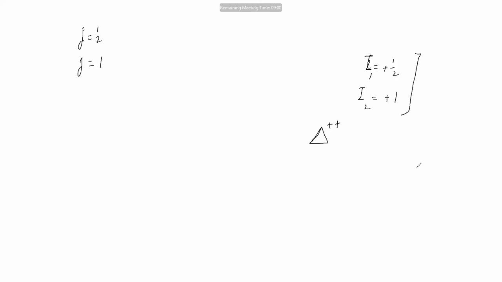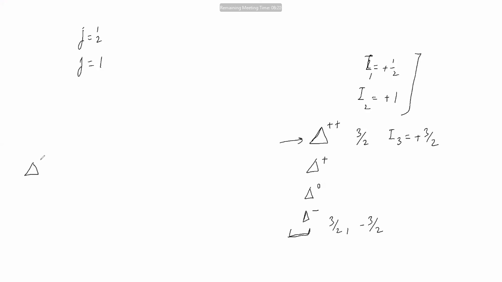Yesterday I told you that delta plus plus is a quartet of states, because you have delta plus, delta 0 and delta minus. And since this has got the highest charge, this should be plus 3 by 2, while this has got the lowest charge, this should be minus 3 by 2. Now, this is a 3 quark system, whether it is a delta plus plus or delta minus or delta 0.